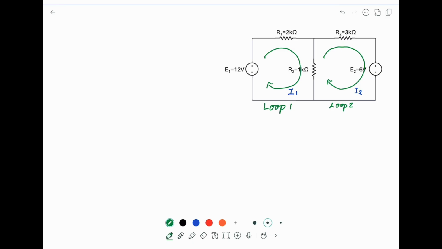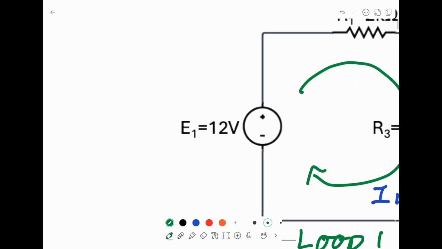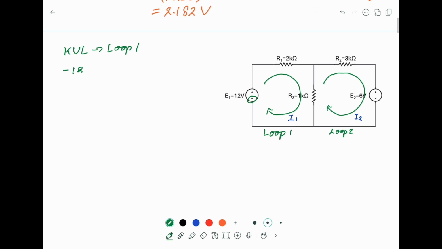So KVL on loop 1, and again this is equal to minus 12 for this one, and positive, the voltage across R1 is 2K multiplied by I1, plus the same argument, the voltage across R3 using Ohm's law is equal to 1K, but R3 is shared by two loops.